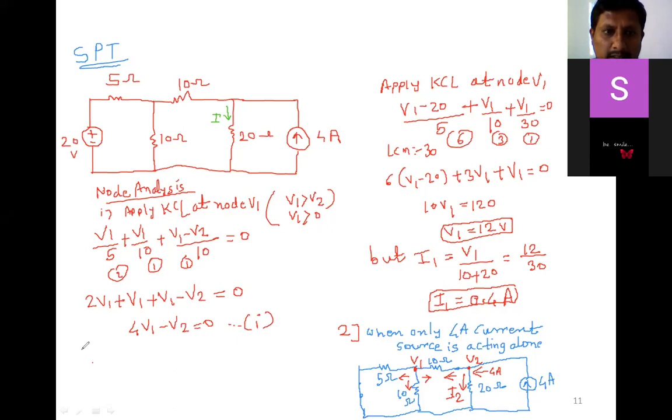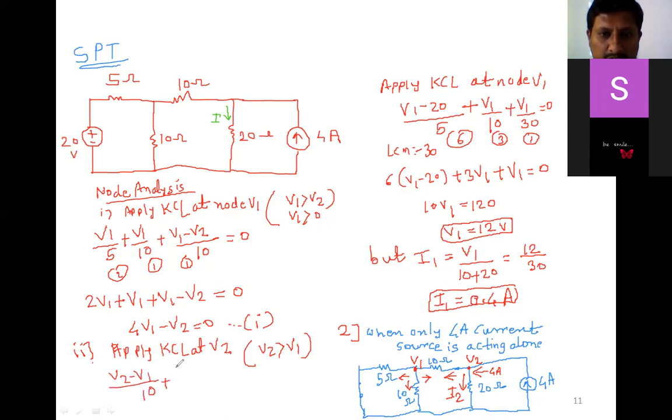Similarly, you can apply KCL at V2. V2 is greater than V1, you can assume it. So (V2 minus V1) divided by 10, next V2 divided by 20, next minus 4 because that is the incoming current. So it is equal to 0. So you can take the LCM of 20, multiply 2, multiply 1, multiply 20.